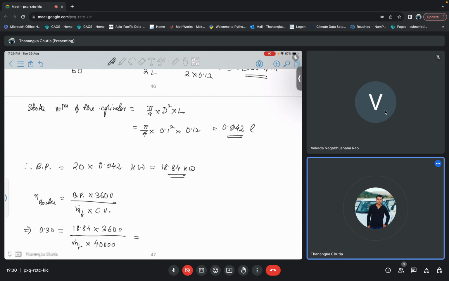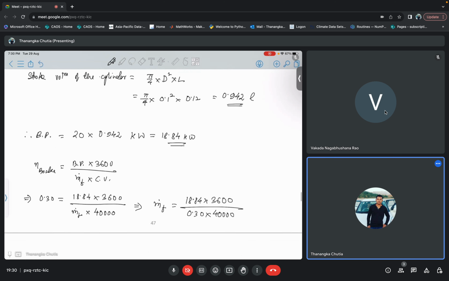Okay, so remember this 3600 I have multiplied, so you will obtain this one in kg per hour. Okay, so mass flow rate of the fuel will be equal to 18.84 into 3600 divided by 0.30 into 40,000 kg per hour.